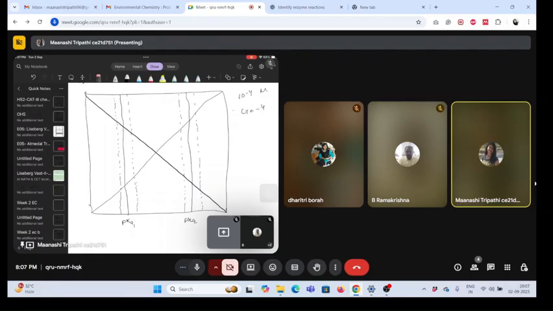Now first let's solve for H2A. If Ct is minus 4, let's mark some Ct here. Let's say this is our Ct value.